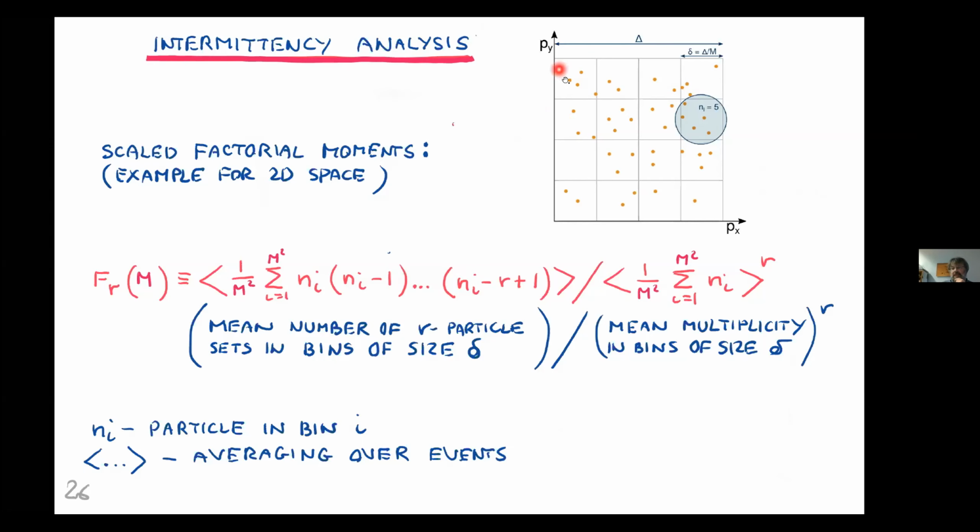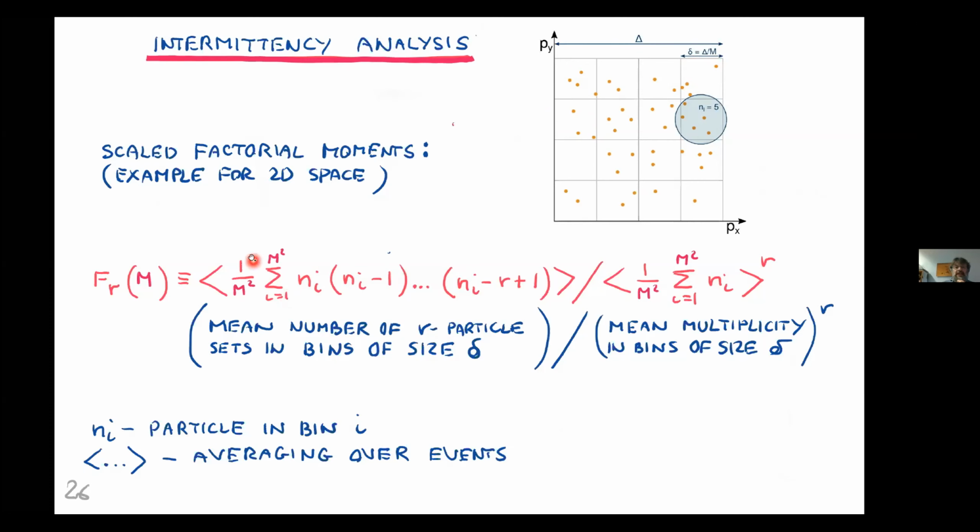The total interval is capital Delta. We divide by M, an integer, so the size of each small box is lowercase delta, and in each of these we count the number of r-tuples of particles, say pairs, maybe it's easier that way. First, the number of pairs of particles in each of these boxes.